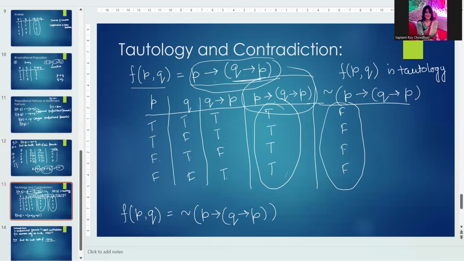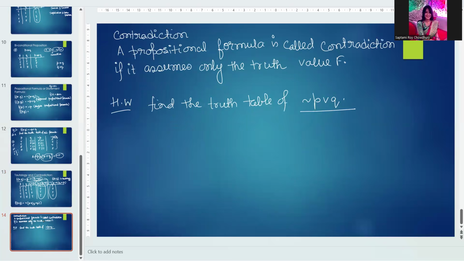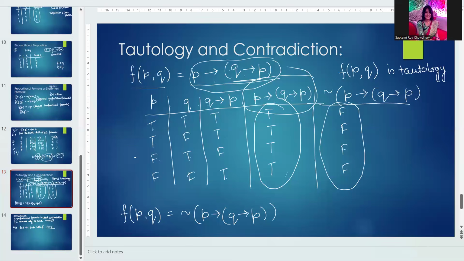For this problem, all the entries in the last column are true. That's why it is a tautology. If you take the negation, that becomes a contradiction. Look at the example. A propositional formula is called a contradiction if it assumes only the truth value F, that is, the false value.